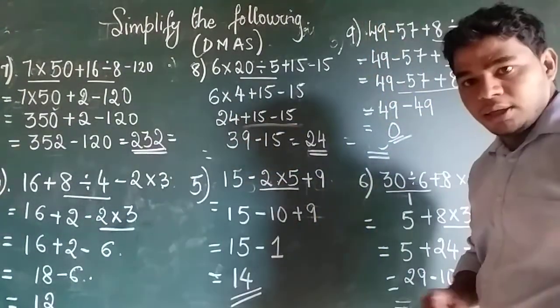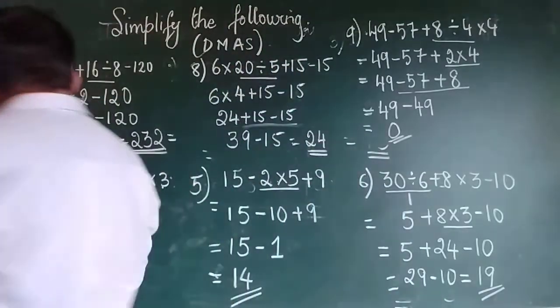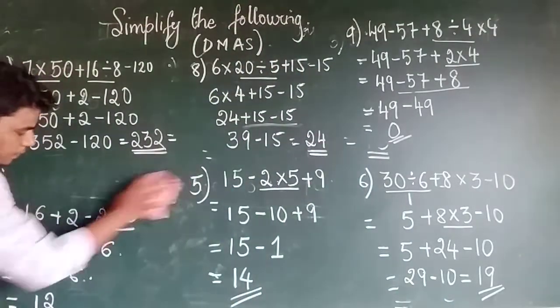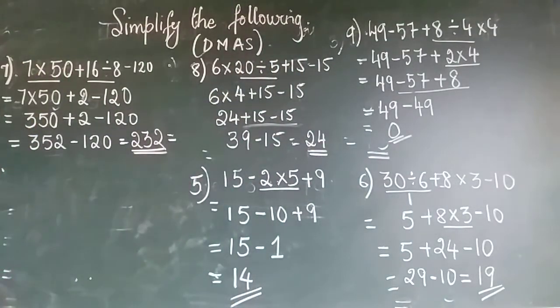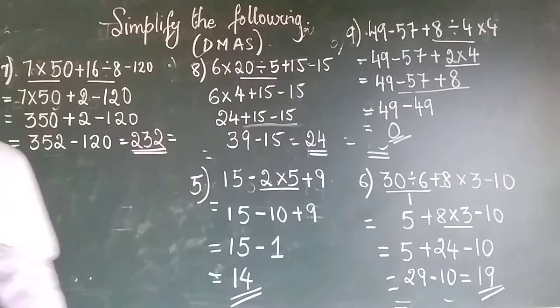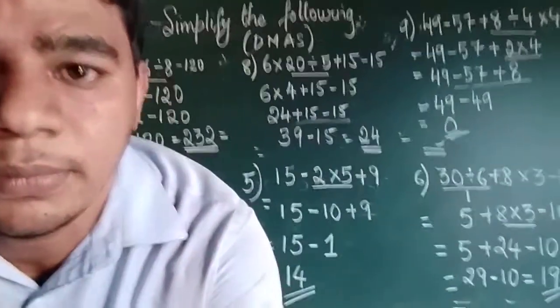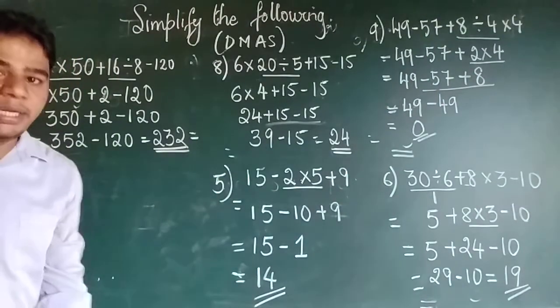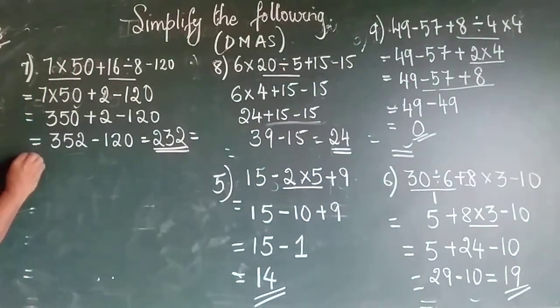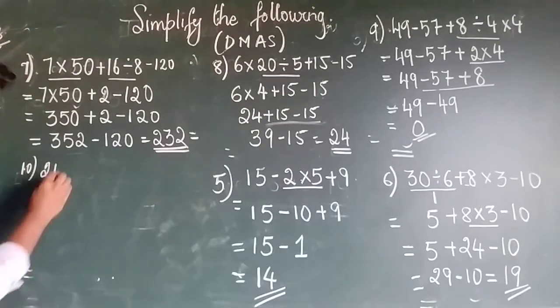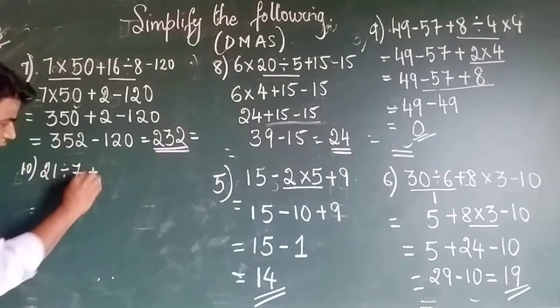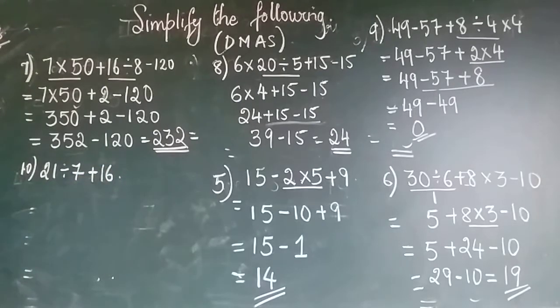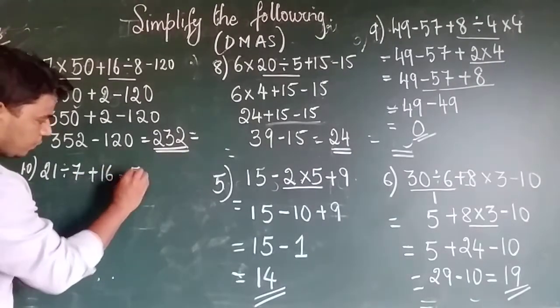Okay, and the last, 10th one, I'll do it here. The 10th one is 21 divided by 7 plus 16 minus 5 into 3.